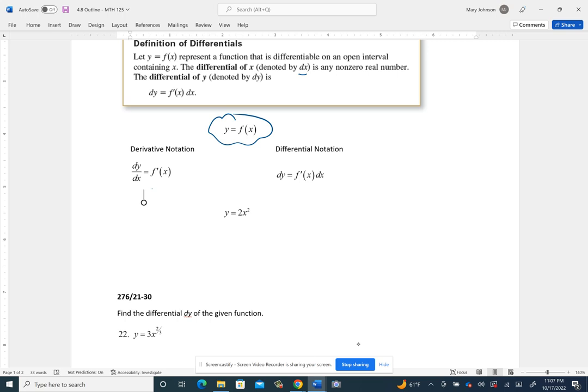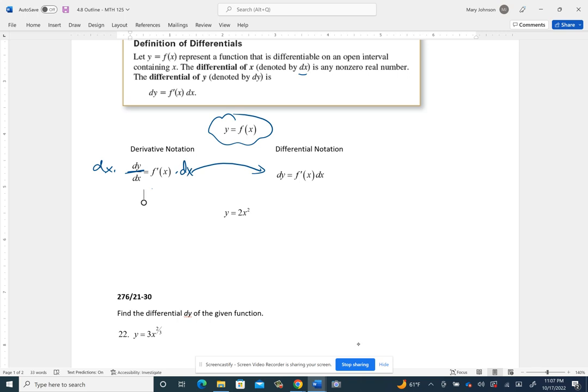Now compare these two. Look at what we did to get from the derivative notation to differential notation. If you look at it, dy over dx, dy divided by dx equals f prime of x. To get to the differential notation, see how they just really multiplied both sides by dx? Okay.